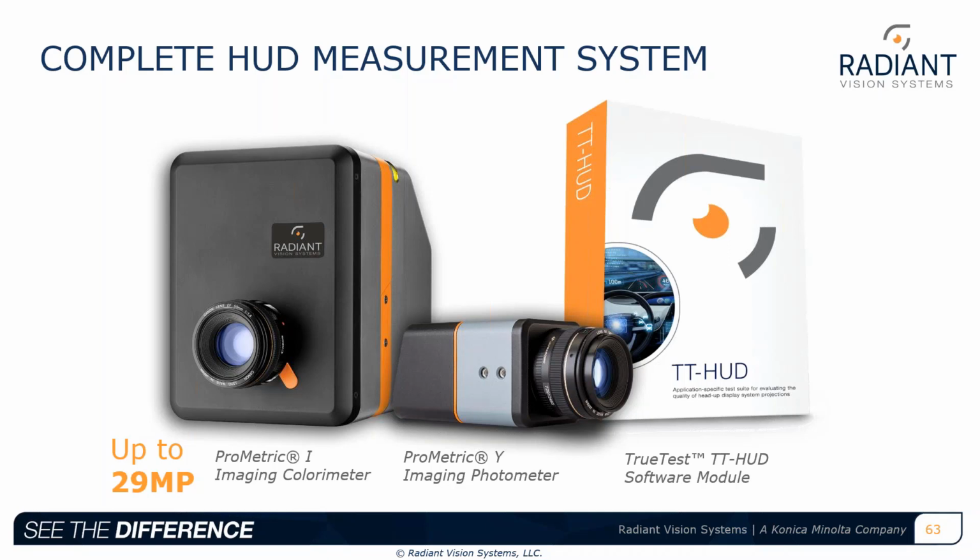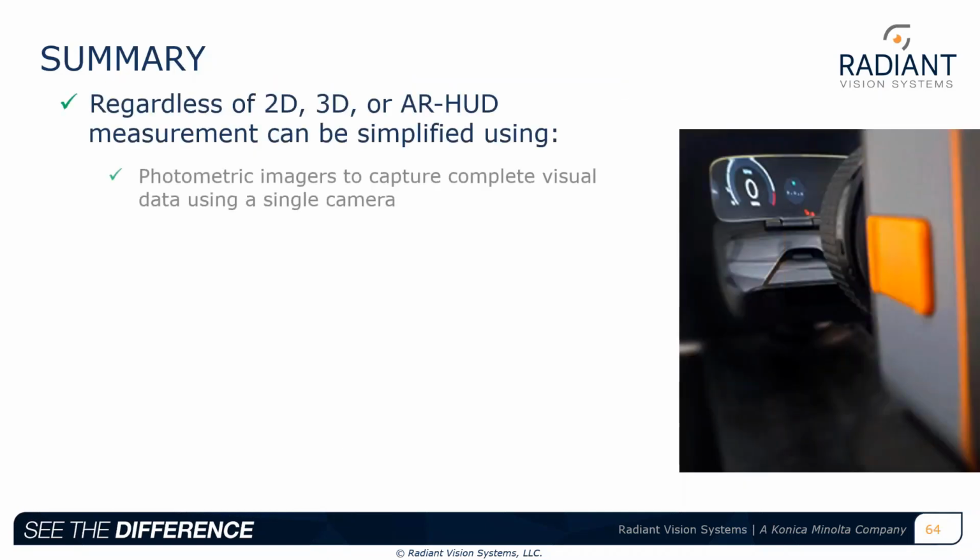And with resolutions ranging again from 2 to 29 megapixels, with calibrated tri-stimulus filters, with built-in neutral density filters, with the electronic lens, and an extremely versatile software platform, you really get the only turnkey platform solution that exists on the market that utilizes one software platform and one piece of hardware to encompass all aspects of your measurement criteria.